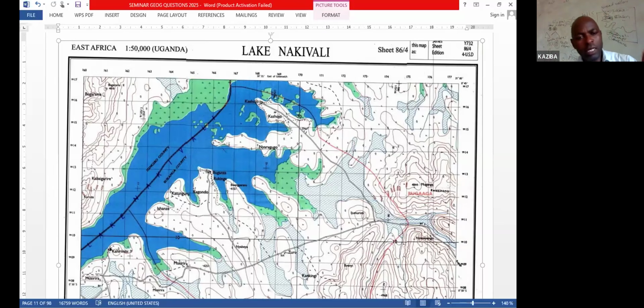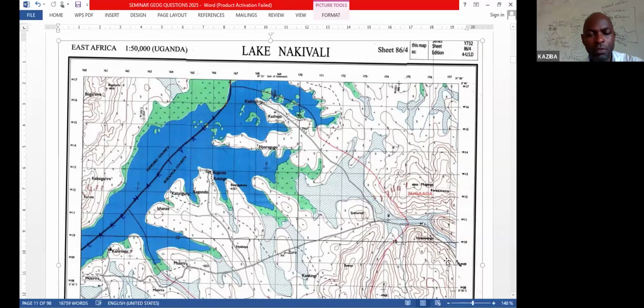So you see, Lake Nachivari occupies a basin. Just say Lake Nachivari occupies a basin in the northwestern corner. Don't say lakes occupy, be specific. Then what about the papyrus swamps?